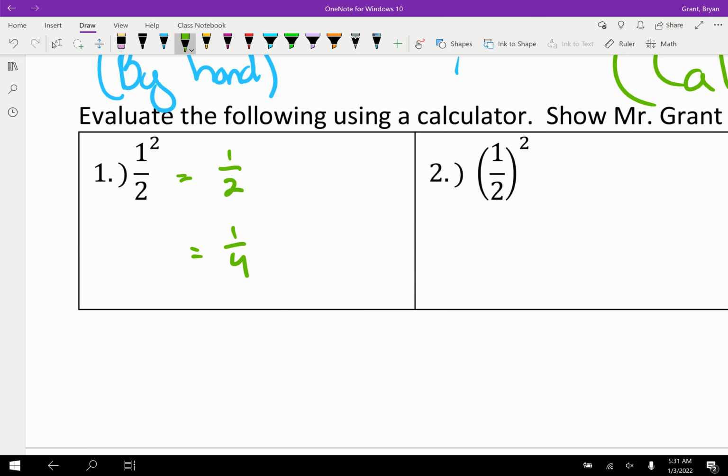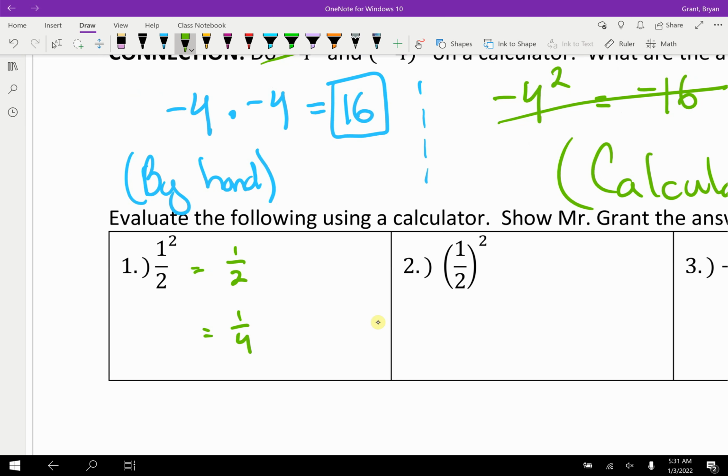But either way, similar to when we did the negatives up above, if you ever need to square a fraction, you really want to include parentheses around that fraction, because what we're really trying to tell the calculator to do is to do 1/2 times itself. And if you don't put the parentheses, some of your calculators might think they're doing 1 squared and then keeping 2 the same, but we would really want to multiply 1/2 times 1/2, multiplying straight across. We should get 1/4. Important to include those parentheses.